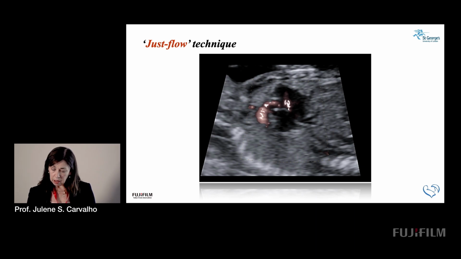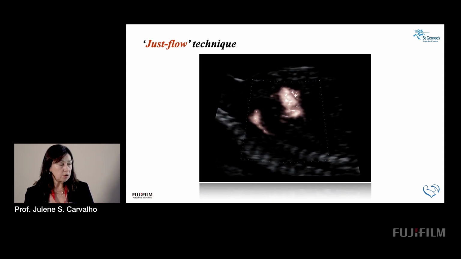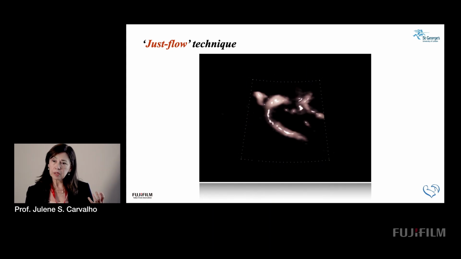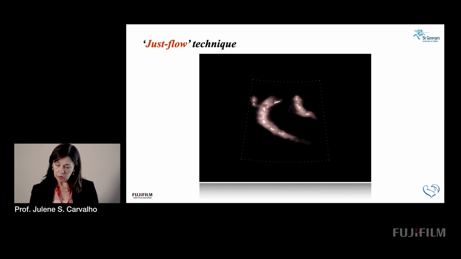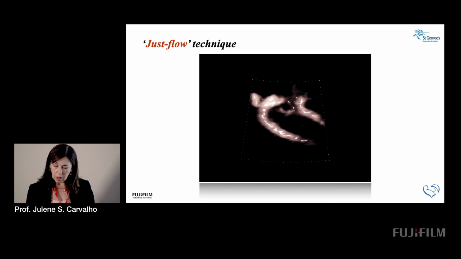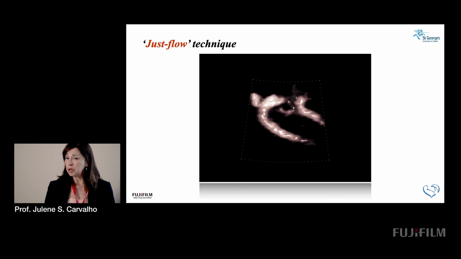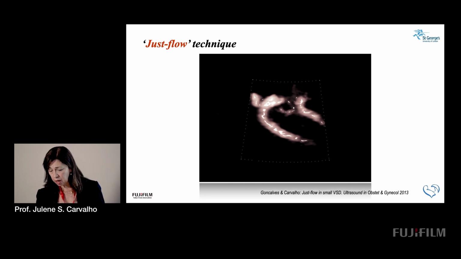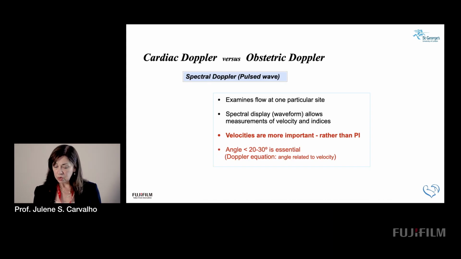On the other hand, if you decrease the 2D gain, you can get almost a 3D appearance on a normal system. So again, very useful if you have high BMI patients, where it is sometimes difficult to see the aortic arch. We've got a couple of small, short publications on the use of this, which I called just flow, because you can see it like an angiogram in the child. Very easy to do as well.